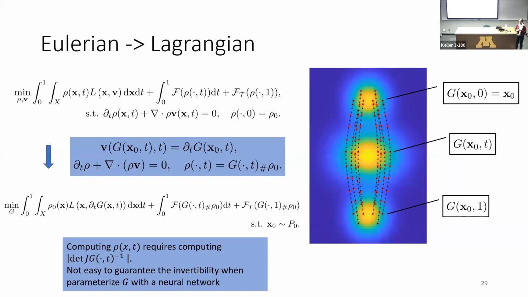The answer is this is not easy to do directly, because here you want the density rho at time t. To get this value, the computation requires the determinant of the Jacobian of G inverse. So that means to directly solve this, you want your neural network to parameterize the G, you want this G to satisfy invertibility, and you want its Jacobian determinant to be easy to compute at any time t.